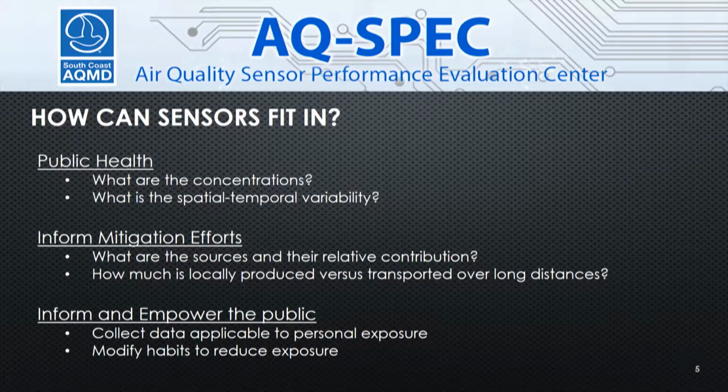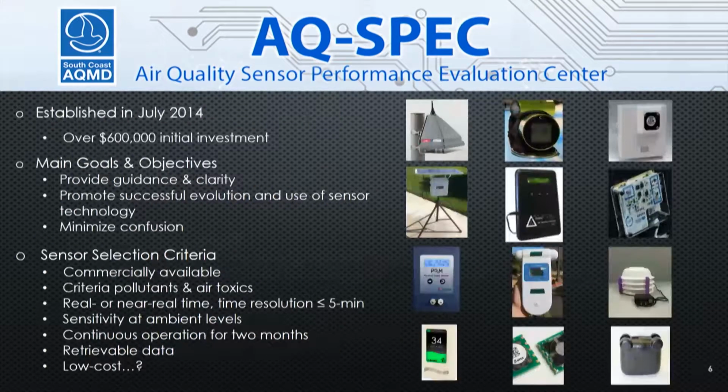And it's also able to inform and empower the public, collecting data in a local environment that is applicable to somebody's personal exposure, so they're able to modify their habits based on the data collected at their home, at their workplace, or while they're out and about and mobile.